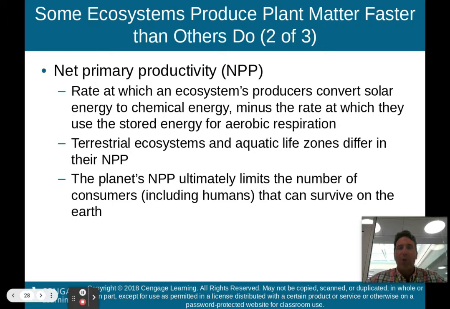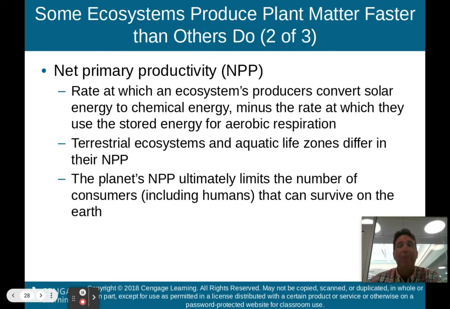However, the net primary productivity may be a better way to actually analyze this, because the net primary productivity takes the gross primary productivity, that rate at which an ecosystem's producers convert solar energy to chemical energy, minus the rate at which they use the stored energy for aerobic respiration.